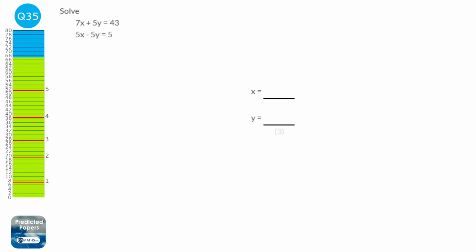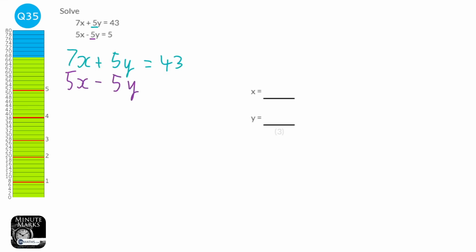So we notice with the simultaneous equations, we've got the coefficients of the y's being the same. And so what we're going to do is just write out these equations again, just so we can see a little bit clearer about what we're doing. And for simultaneous equations, we're working downwards.